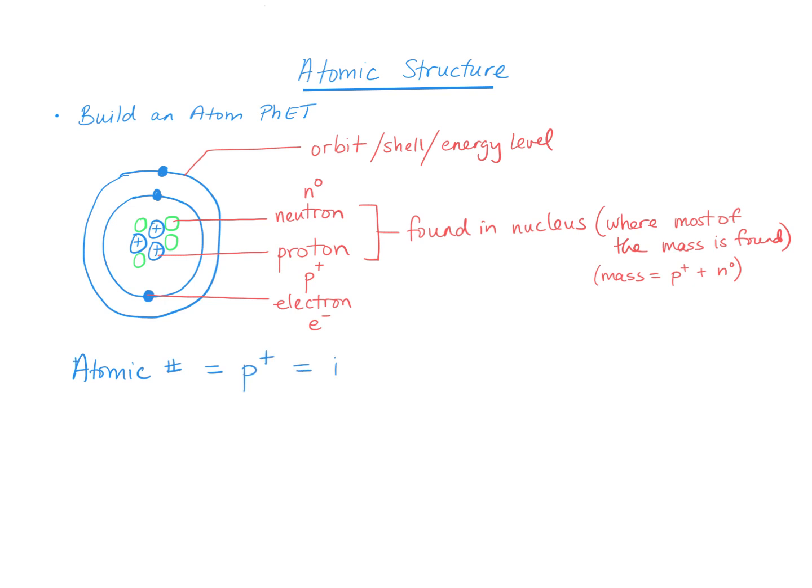And this tells you the identity of the element. So the fact that this has 3 protons makes it a lithium atom because the atomic number for lithium is 3. The number of protons is the atomic number, and that tells you the identity of the element.